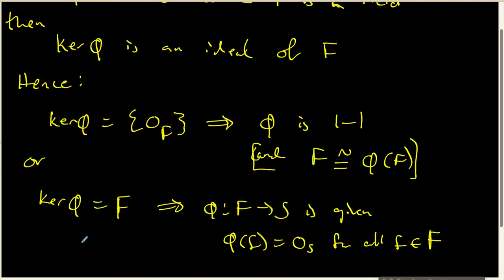In other words, in the second one, if this is F and this is S, and that's the 0 over here in S, the whole field gets sent to that one particular element. And that completes this particular video.